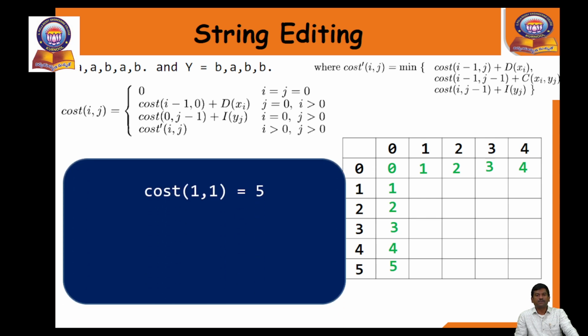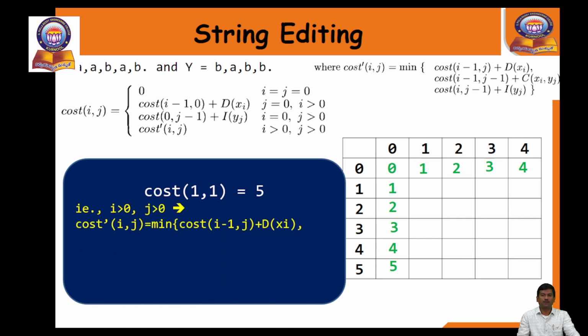And the next step is you need to find cost of 1 comma 1. What does this mean? That is, i value is greater than 0 and j value is greater than 0. So when i is greater than 0 and j is greater than 0, then you have to find cost dash of i comma j, which is given by the minimum of cost of i minus 1 comma j and so on.